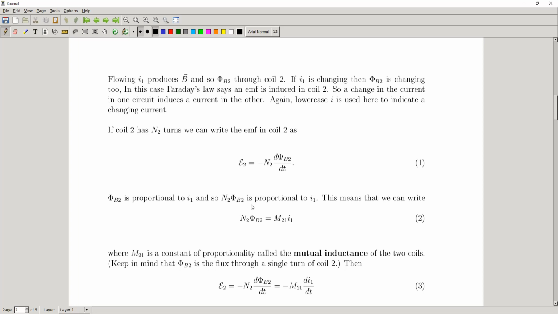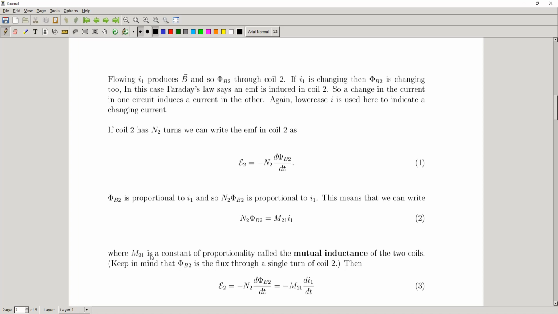And so if this is the case, we can write our number of turns in coil 2 times the magnetic flux through coil 2 as some constant of proportionality times our I1. This M21 is really just a constant of proportionality, which we call the mutual inductance.